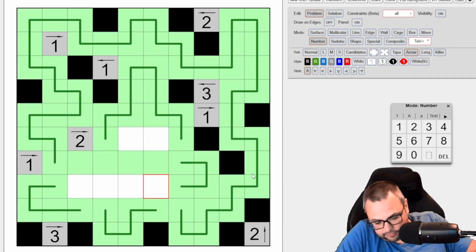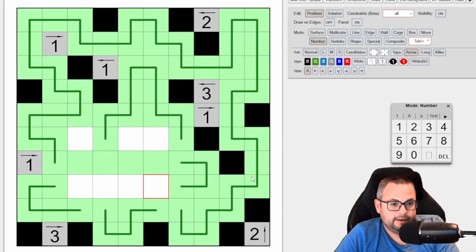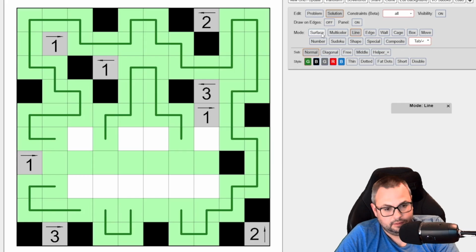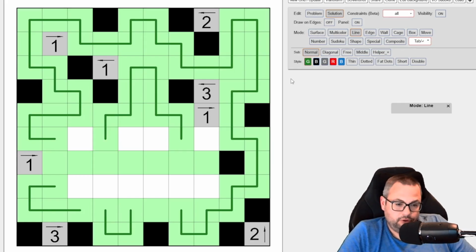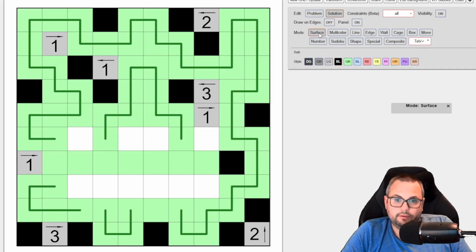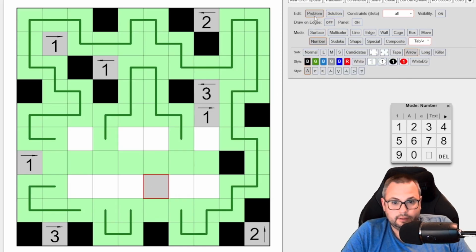We might have to go back a ways. Like maybe to that piece, where we put in that 2 there. Okay, let's experiment with the idea of a clue here.